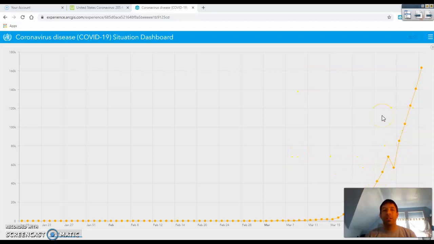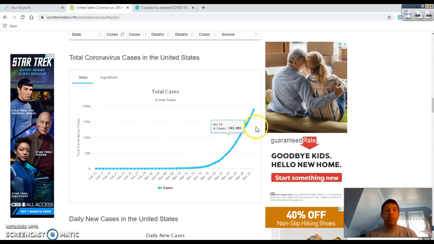The new cases each day is more than the day before, except for maybe a little blip right here. One thing that tells us, especially if we look at this graph, is that it appears to be exponential growth and not linear growth.